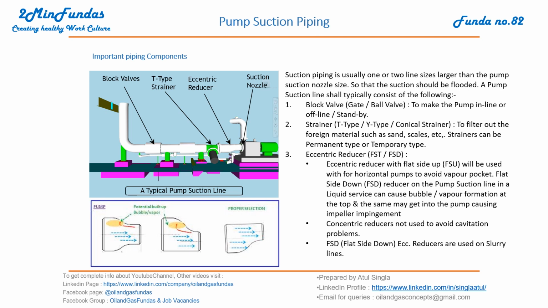We are avoiding cavitation and vapor formation at this point, and that is why we use an eccentric reducer at the pump nozzle. We want this line to be flooded, so that's why we have one size larger as compared to the pump suction nozzle. So this is a typical configuration of a pump suction line.